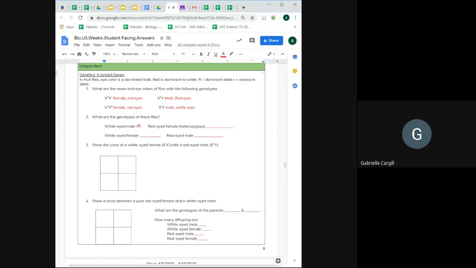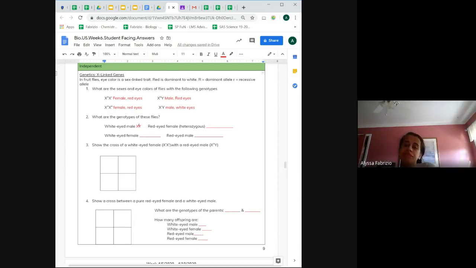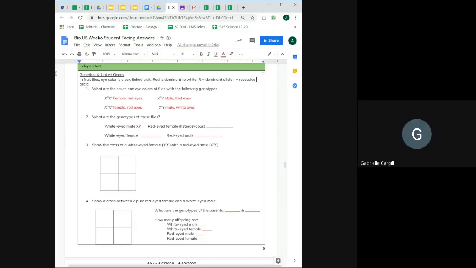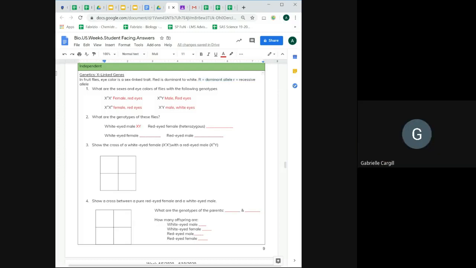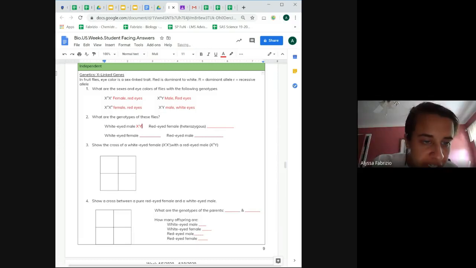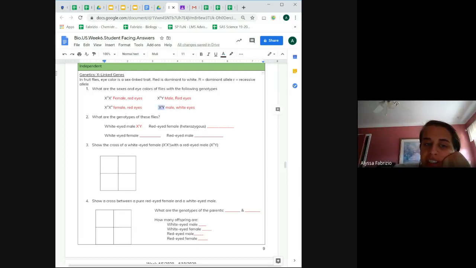If we said that big R is dominant and little r is recessive, little r. Very good. The Y chromosome doesn't carry this allele.